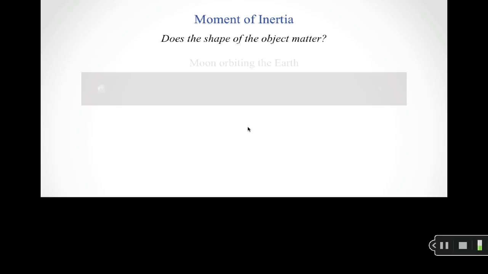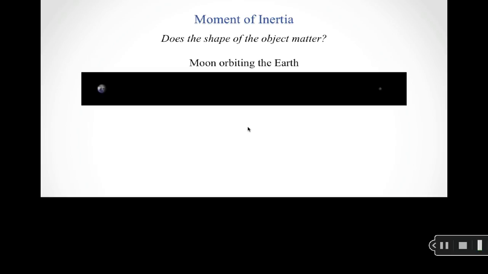Now, the shape of the object might matter. Let's take two examples dealing with, let's say, the moon. One is when the moon is orbiting the Earth. Here's the Earth, and this dot is the moon. In the context of this distance between the moon and the Earth, I don't really care what shape the moon happens to have.